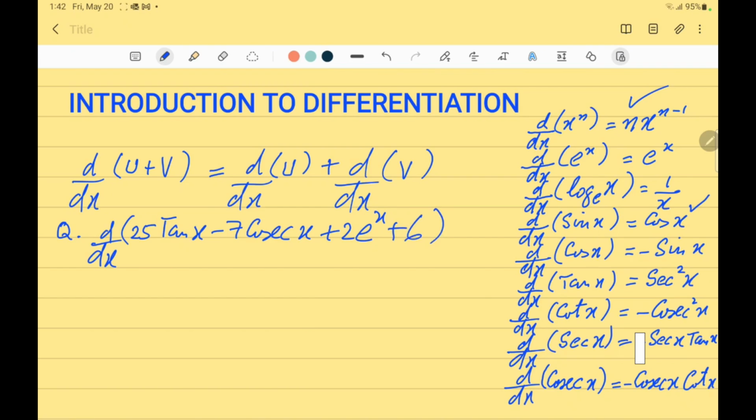In this example we have even 4 functions. So let us solve this one.